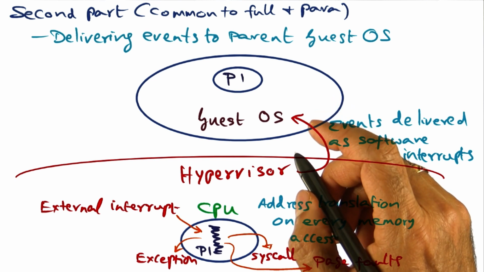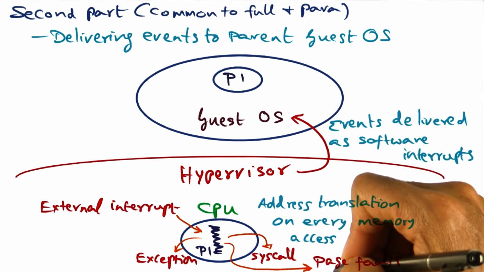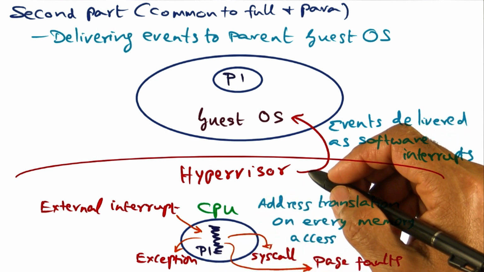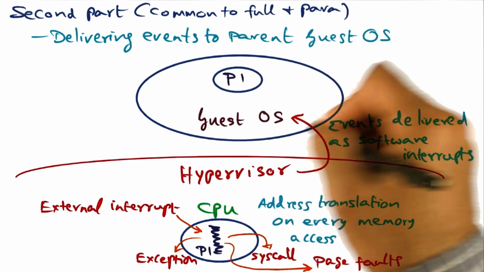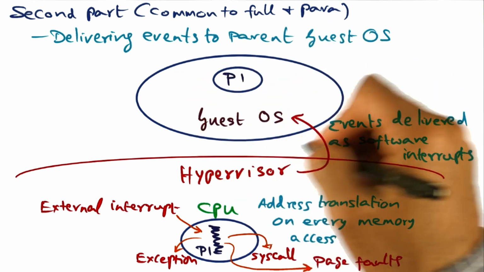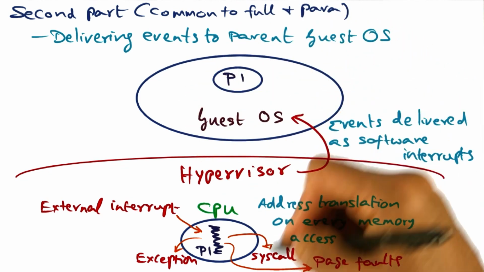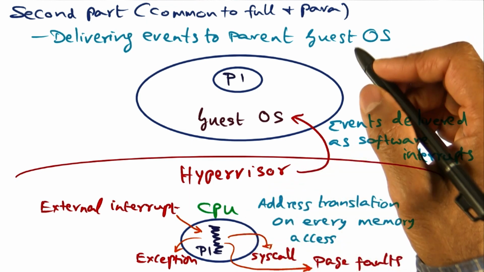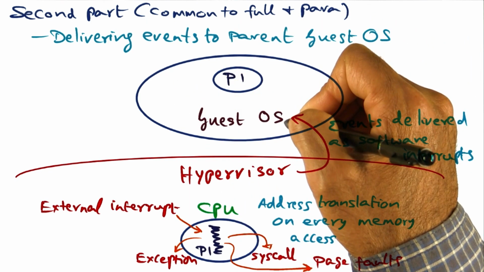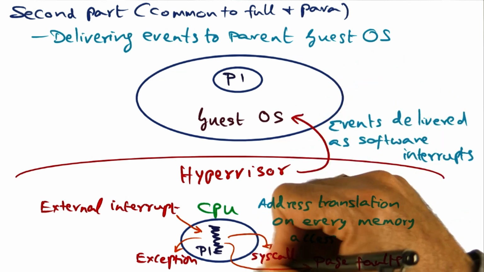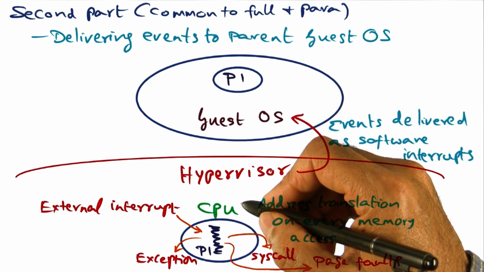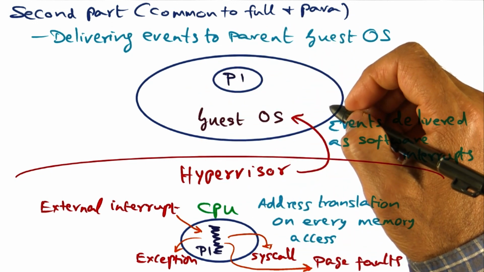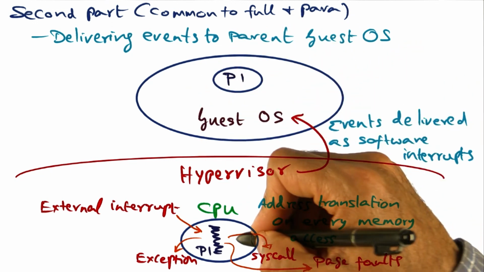Recall that syscalls and page faults and exceptions are all things that need to be handled by the guest operating system. So it probably has entry points in it for dealing with all these kinds of program discontinuities. Now, some of the things that the guest operating system may have to do to deal with these program discontinuities may require the guest operating system to have privileged access to the CPU.